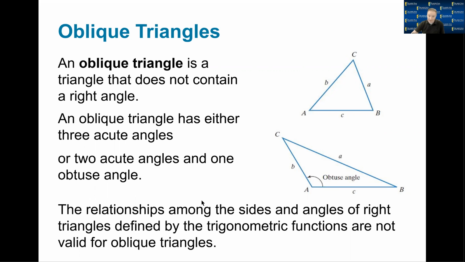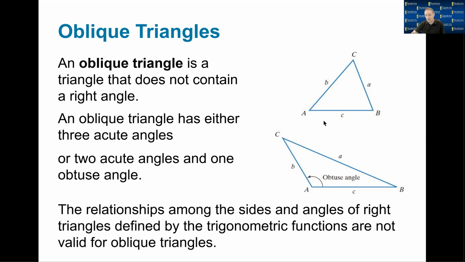Now, one thing that I did want you to make note of is that the relationships among the sides and the angles of right triangles defined by trigonometric functions are not valid for oblique triangles. So please don't give me that SOHCAHTOA stuff or Pythagorean theorem. You cannot say the sine of the angle theta is equal to the opposite side divided by the hypotenuse, because there isn't a hypotenuse.